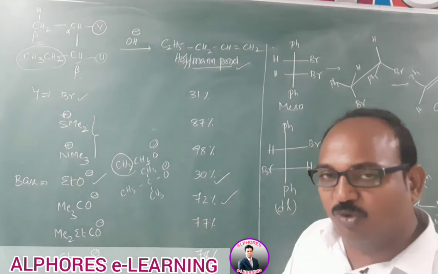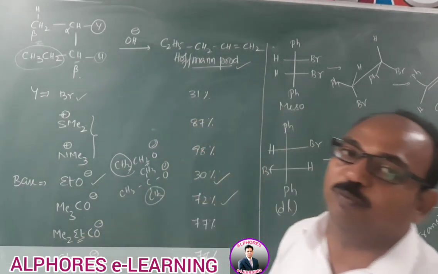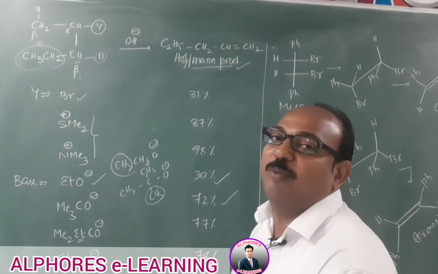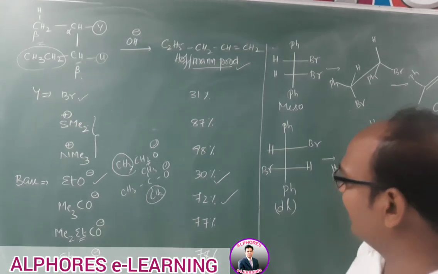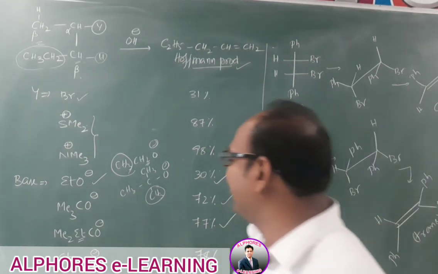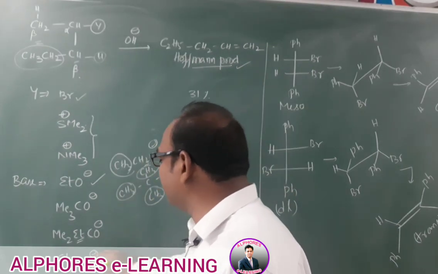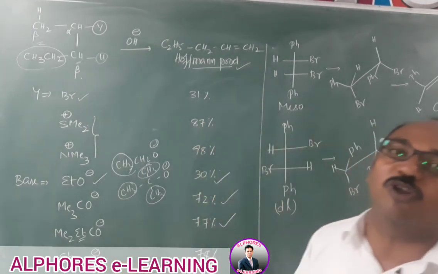Further, if you increase the bulkiness more, instead of one methyl group, I am going to place an ethyl group, which increases the bulkiness. The resultant Hofmann product is 77%. And instead of three methyl groups, I am going to keep three ethyl groups. In such a case, there is much more bulkiness.